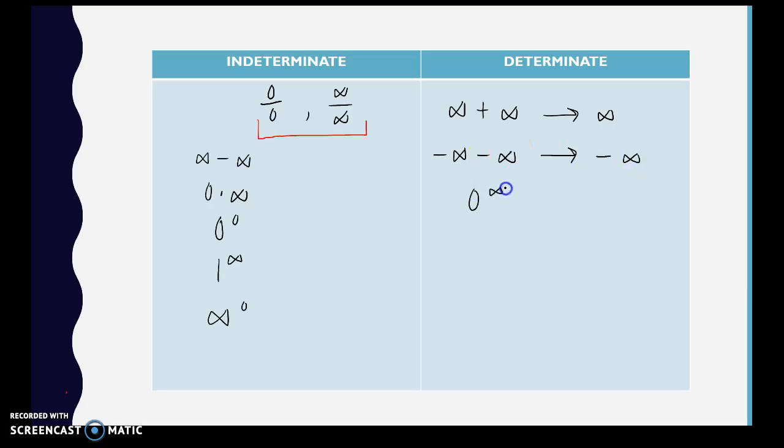If you get 0 raised to the power of infinity, that limit approaches 0. And 0 raised to the power of negative infinity, that limit approaches infinity.